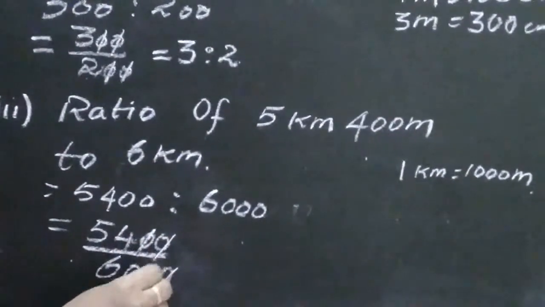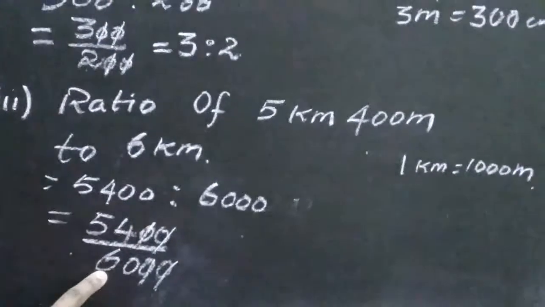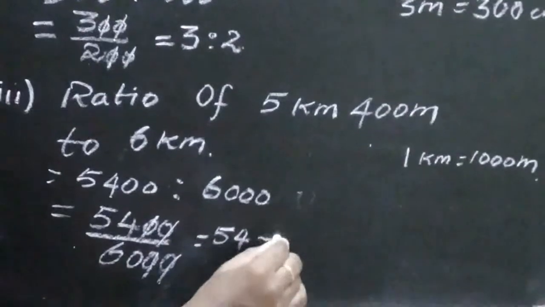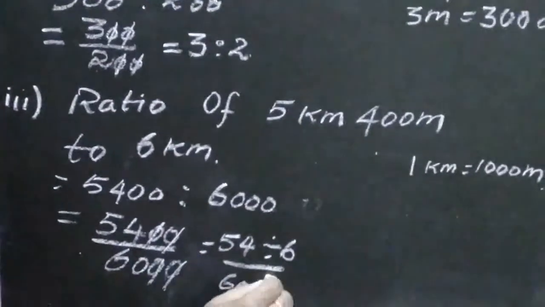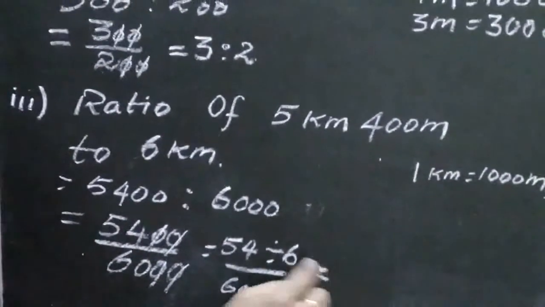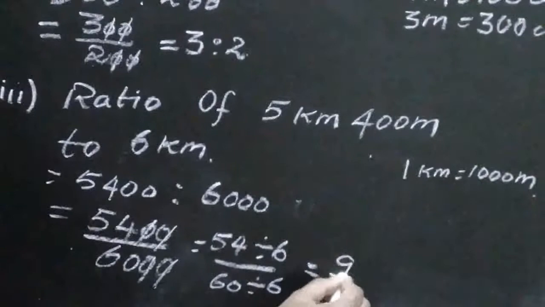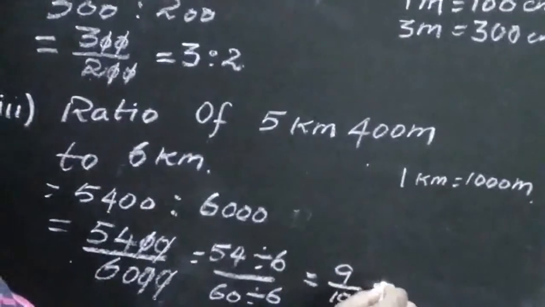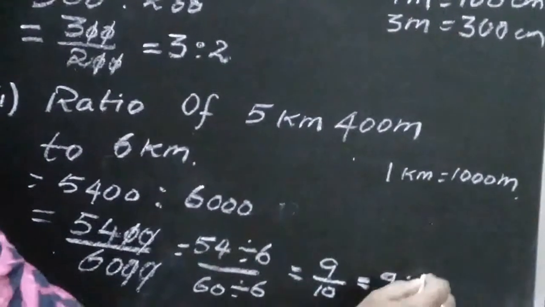Here also 0, 0 cancel. 54 and 60, 6 table is common. So 54 divided by 6, the denominator 60 also divided by 6. In 6 table 54, how many times? 9 sixes are 54. 6 table 60, 10 times. Now the ratio format is 9 is to 10.